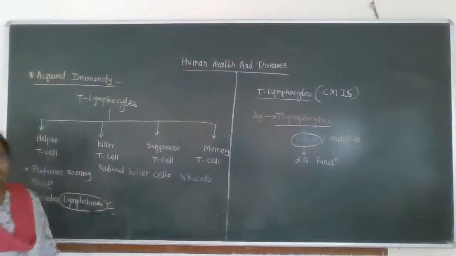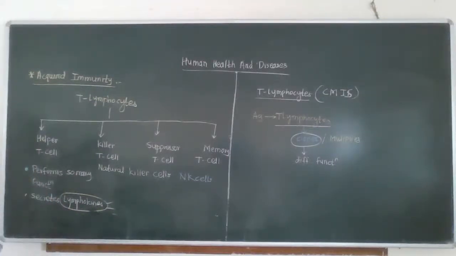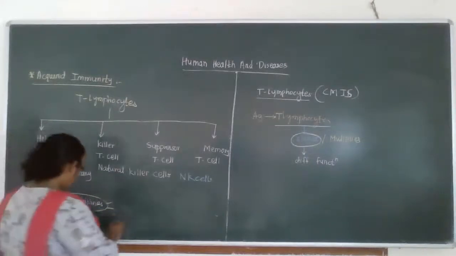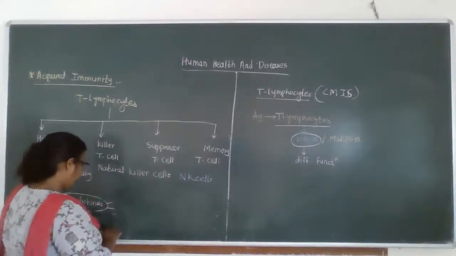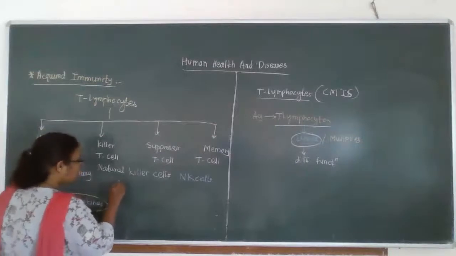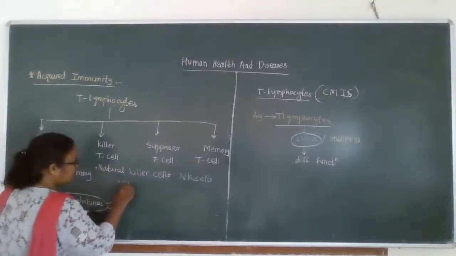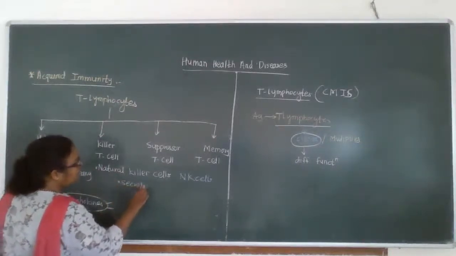Named as the NK cells. Okay, so related with these NK cells, they are responsible for the cell-mediated immune system and responsible for secretion of perforins. It secretes perforins.